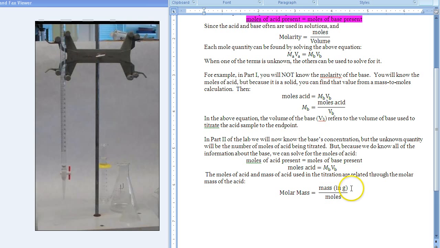And so you simply take your mass from your balance divided by your calculated moles to give you the molar mass of benzoic acid, which you could then again calculate a percent error by comparing it to the known molar mass of benzoic acid. Okay. You could then do this for any unknown acid to help you identify it. Molar mass is one of the common first things that you try to get when you're identifying an unknown material.